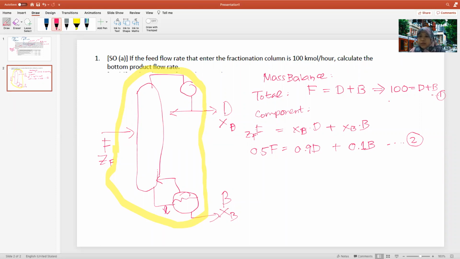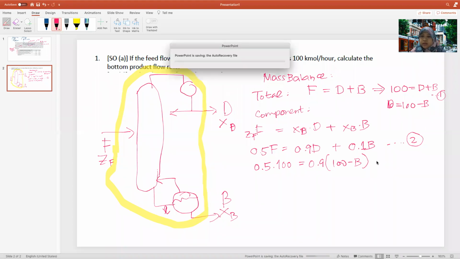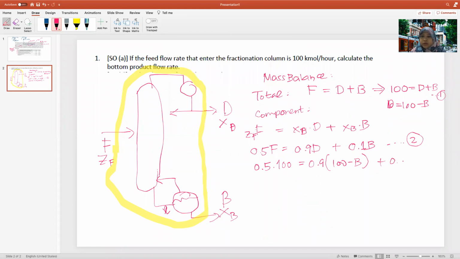So for example, D would be 100 minus B, let's say. You can substitute, it's up to you. 0.9 times (100 minus B) plus 0.1 B, and then you can try to solve it.